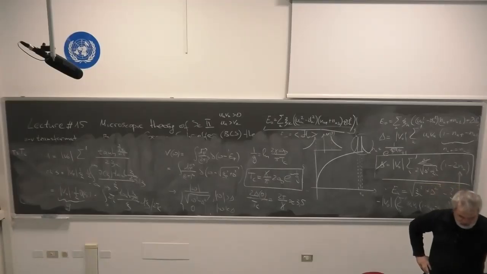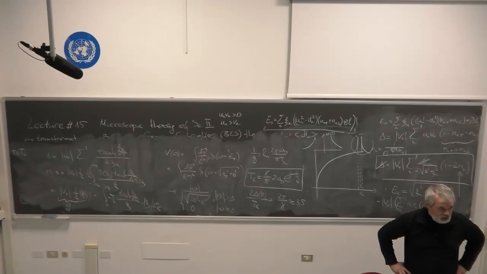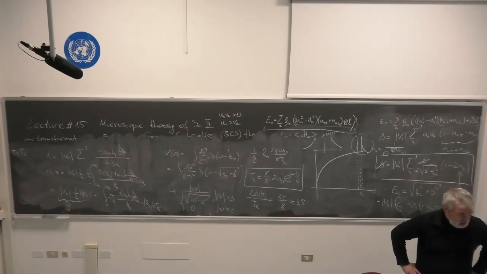Well, there are plenty of ways to derive these equations. In the original work, Bardeen, Cooper, and Schrieffer constructed a variational wave function, and they showed that this variational wave function leads to a minimum of the free energy. This was the original idea.